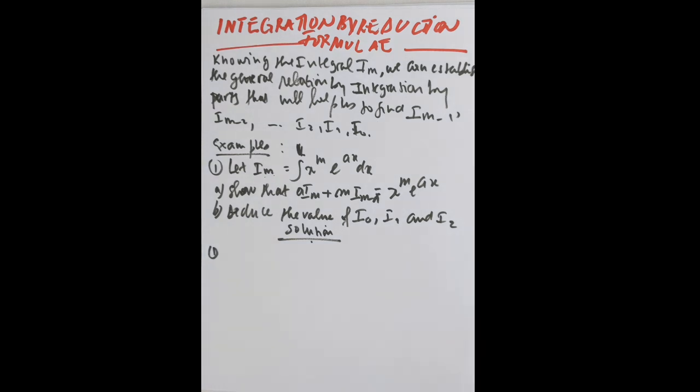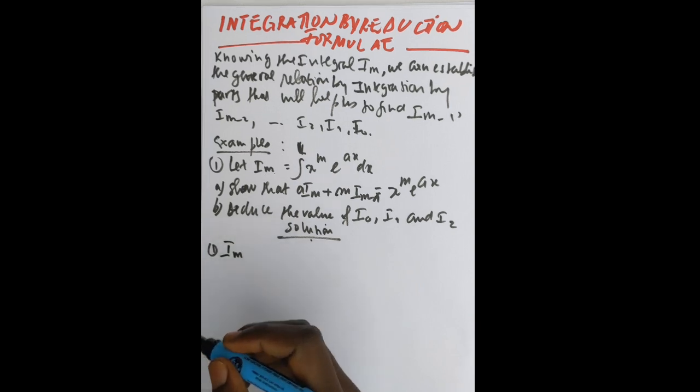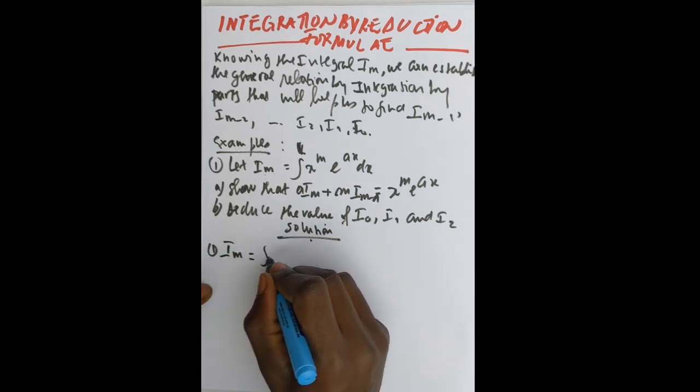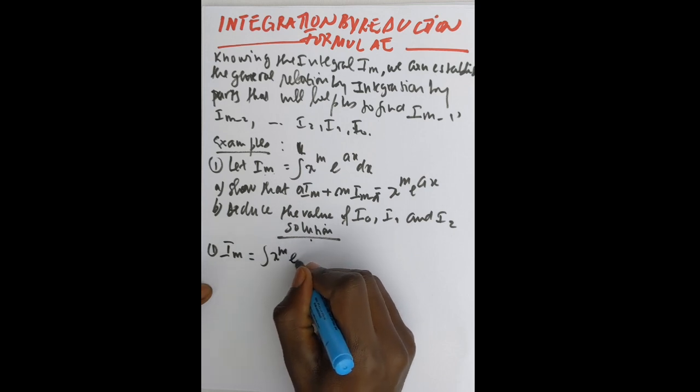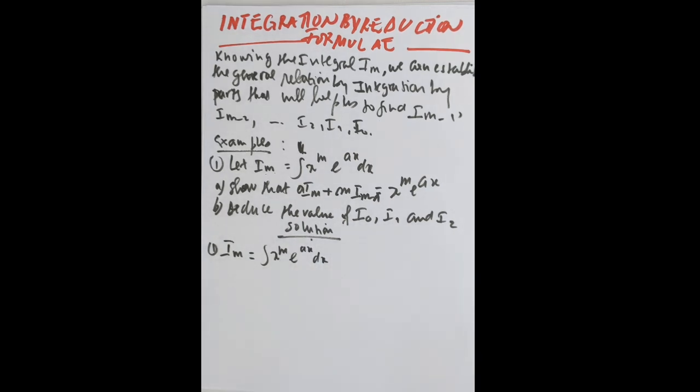So let's see how we can solve this example. We have Im, which is equal to the integral of x power m e power ax dx.